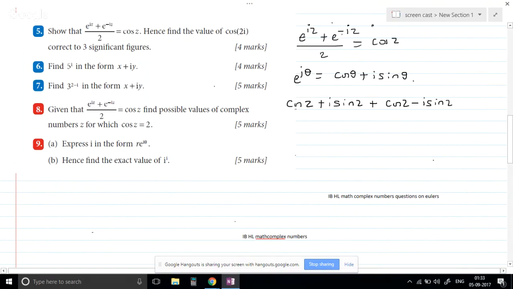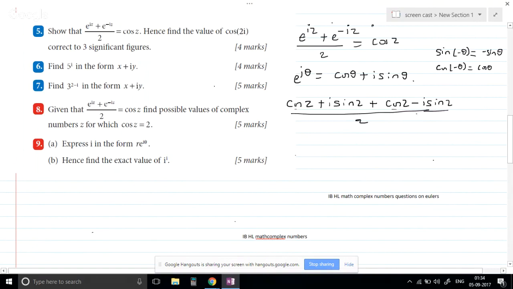Cos of negative theta is positive cos theta, whereas sin of negative theta is negative sin theta. Therefore, the cos will remain positive, whereas sin will change its sign to negative.